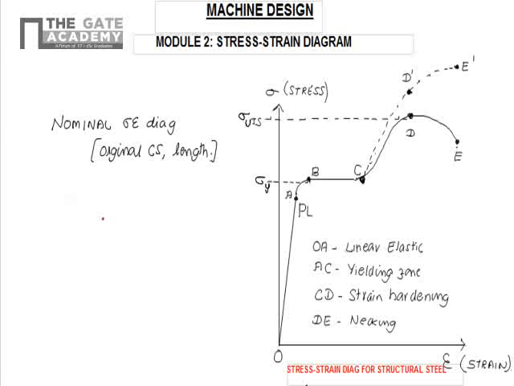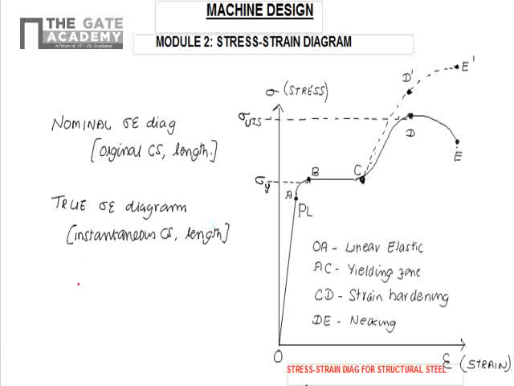But if we take instantaneous cross-sectional area and instantaneous length for calculation of stress and strain, that stress-strain diagram is called the true stress-strain diagram. When these parameters are used for calculating the stress and strain, it's called the true stress-strain diagram.